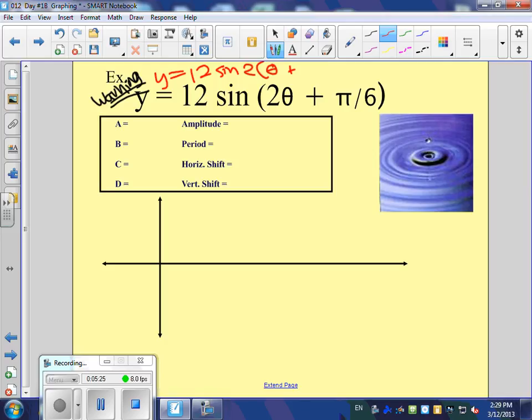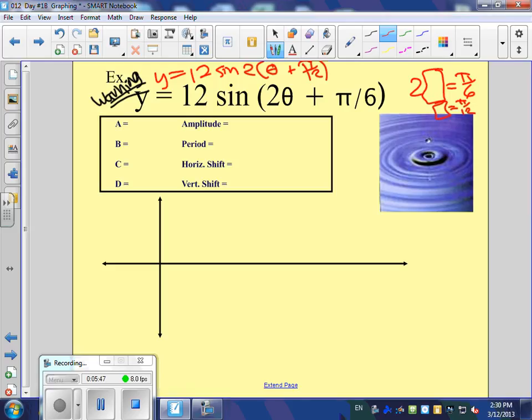I used to be confused with this, but here's what I do. 2 times what is equal to pi over 6? Yep, you're going to divide by 2 and you're going to get pi over 12. So theta plus pi over 12. Does this help a little bit?